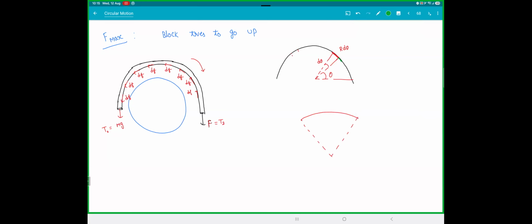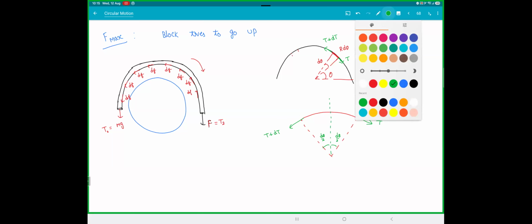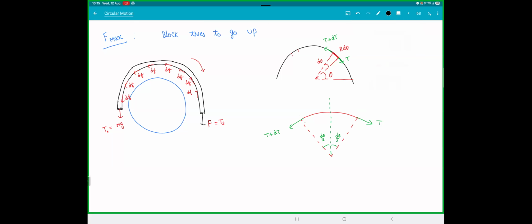And if you look at the forces here, this will be tension T, and this will be tension T plus dT. So tensions will be different. The story is again the same. This angle will be d theta by 2 and d theta by 2. And this time you also have an additional friction. So on this small piece, you also have your friction, df.